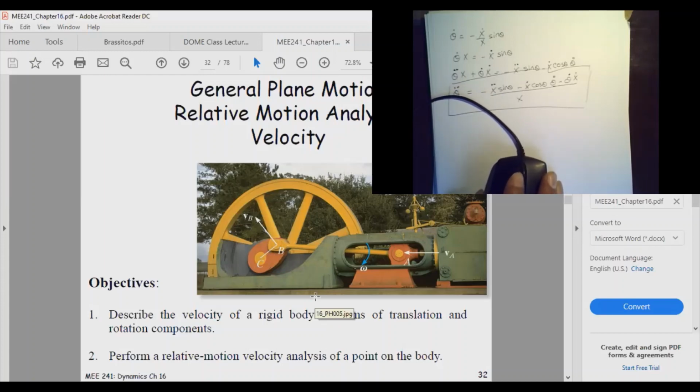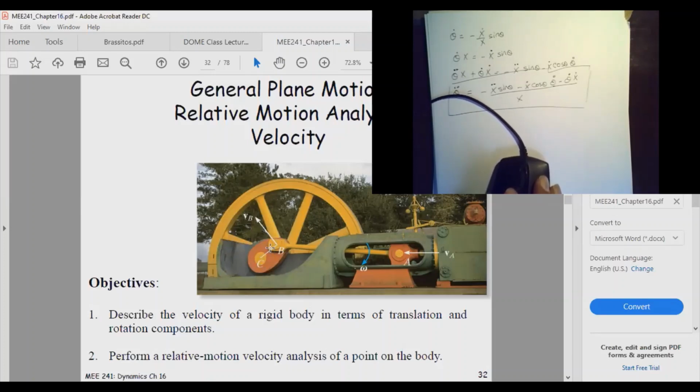So if point A is translating and point C has a 0 velocity, can I find, for example, the velocity?